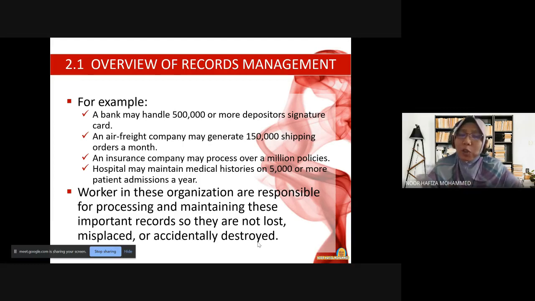If you fail to locate this, it will affect that bank. An air freight company may generate 150,000 shipping orders a month. An insurance company may process over 1 million policies. And lastly, a hospital may maintain medical history on 5,000 or more patient admissions a year.